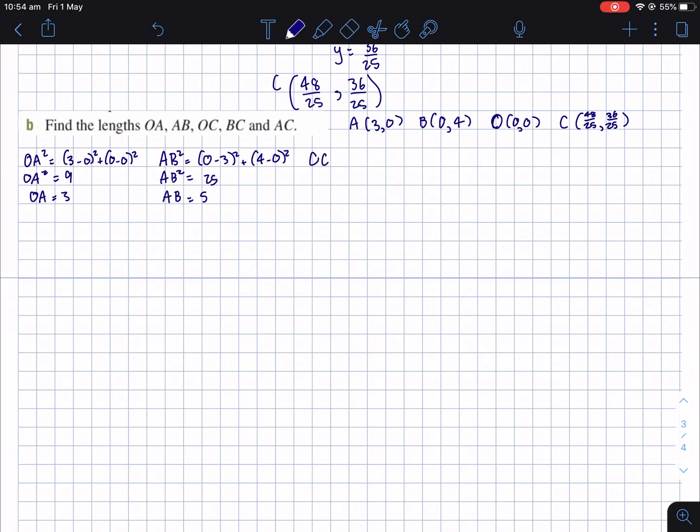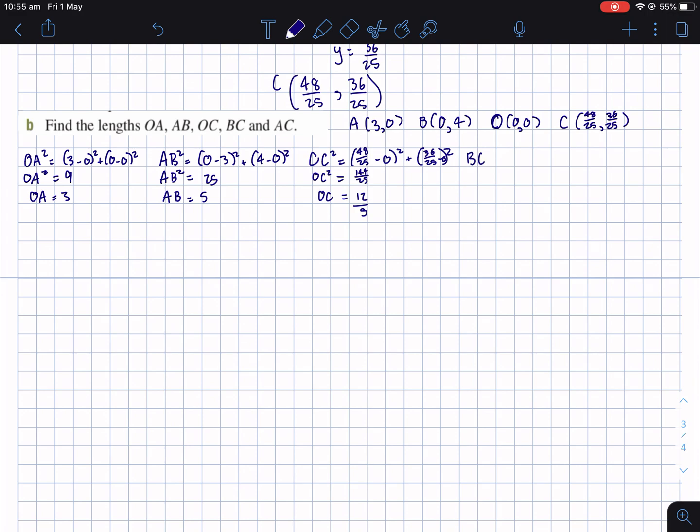OC, this time we've got 48 over 25 take 0 squared plus 36 over 25 take 0 squared gives us 144 over 25, which gives us OC is 12 on 5.